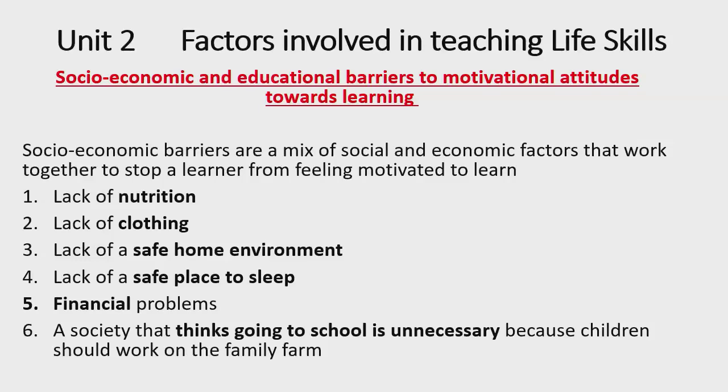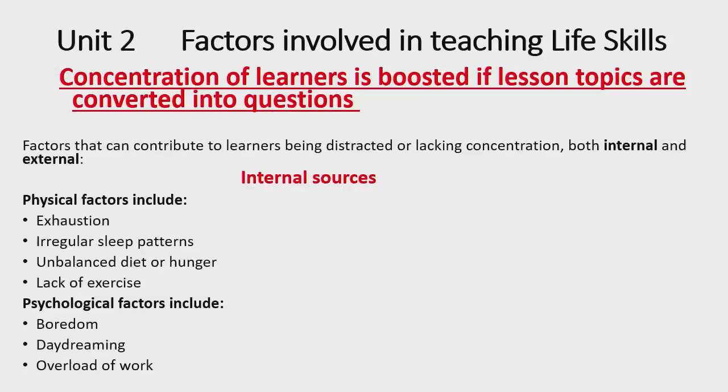So if the child does not have good, healthy and balanced diet or food to eat, a lack of clothing, a lack of a safe home environment, a lack of a safe place to sleep, financial problems, and a society that thinks going to school is unnecessary because children should work on the family farm. So that's just a few that's mentioned. You can read further up in your book, the study guide, I mean.